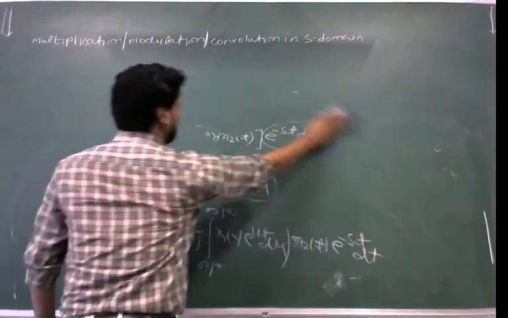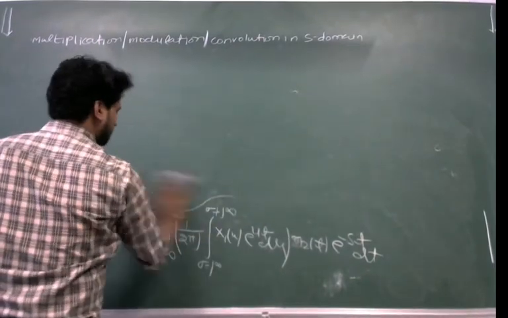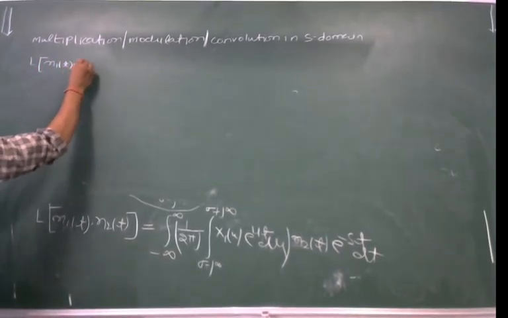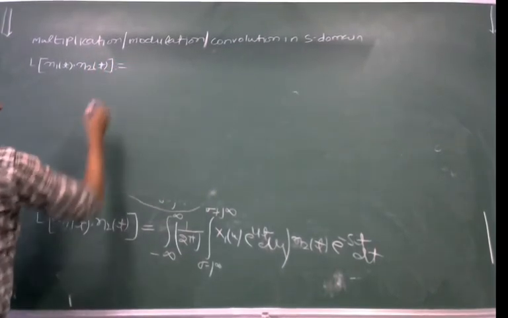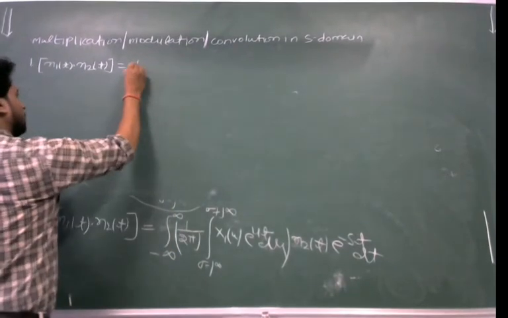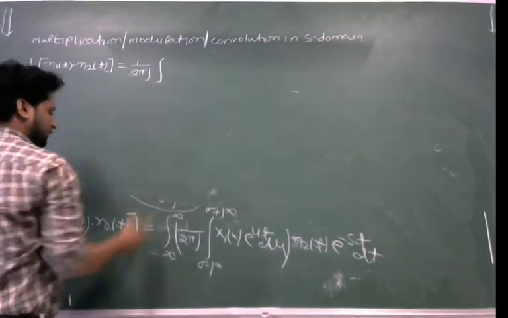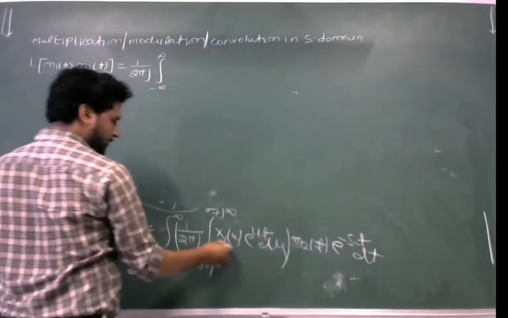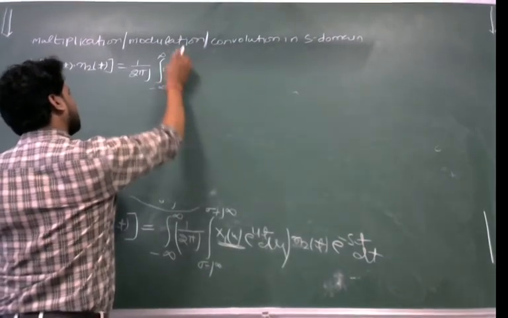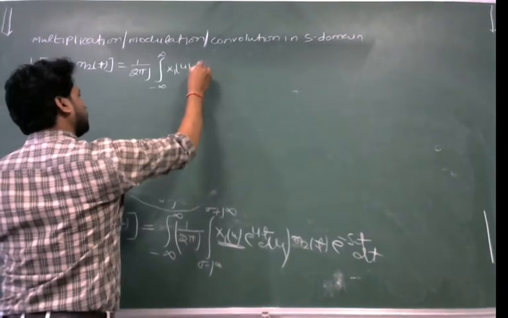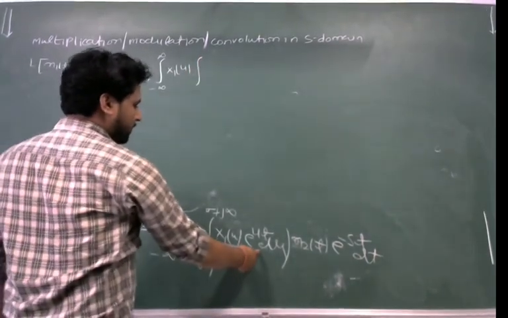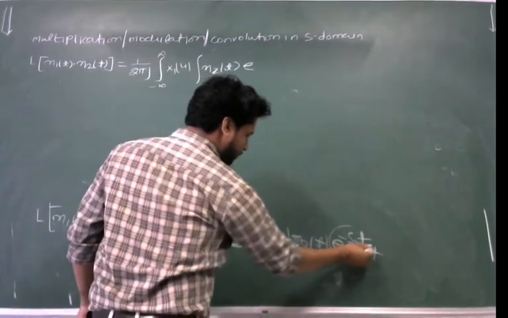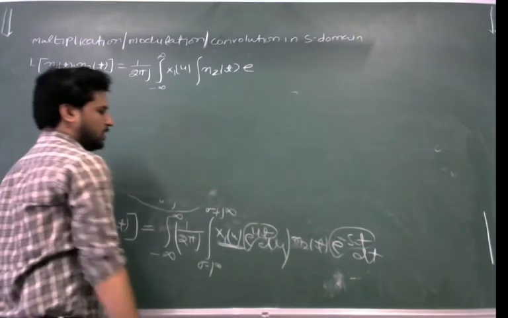From here we can change the order of integration, and we will get the Laplace transform of x1(t) into x2(t) equal to 1 by 2 pi j, the integral from minus infinity to plus infinity of X1(u), times the integral of x2(t) e to the power of... Now I will combine these two terms, e power minus st and e power plus ut.